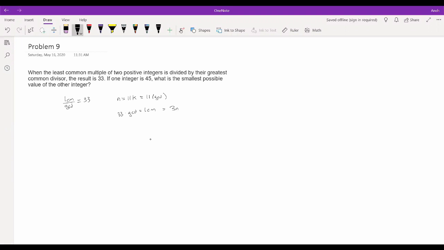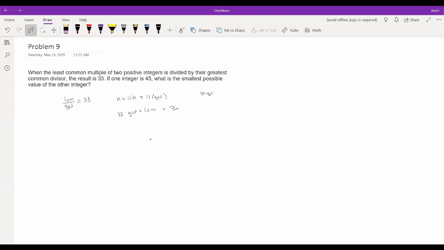So since we want to find the smallest possible greatest common divisor, and we know that 45 has to divide the least common multiple since it's a multiple of 45, that means we want to find the smallest GCD such that 33 times GCD is a multiple of 45.